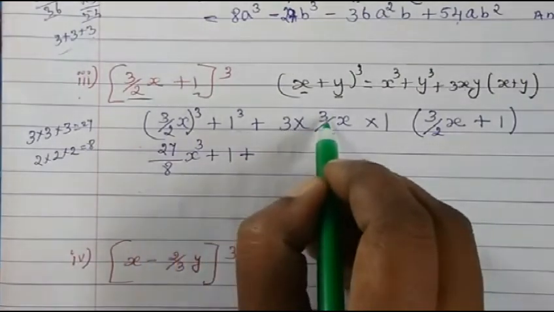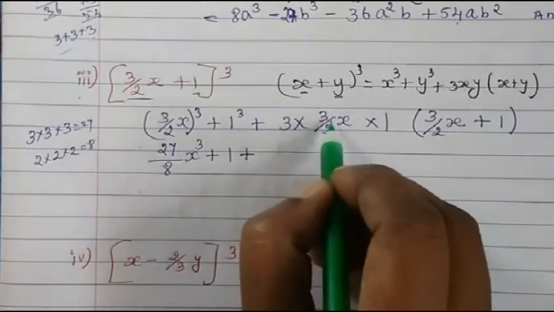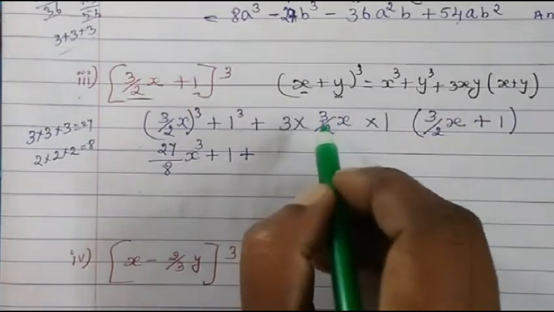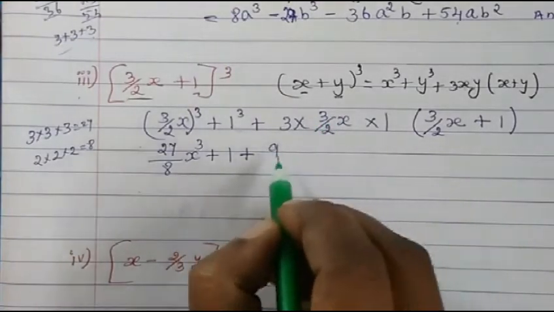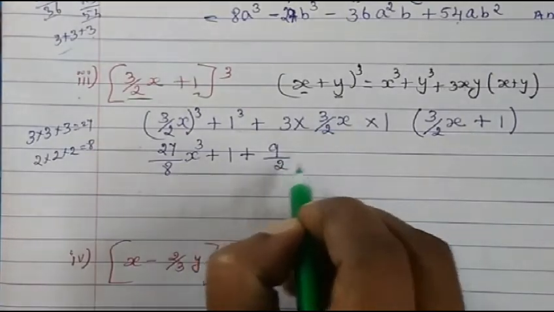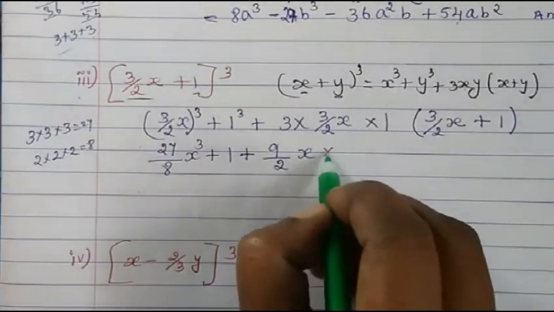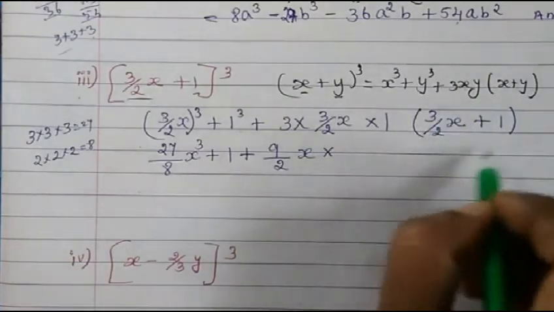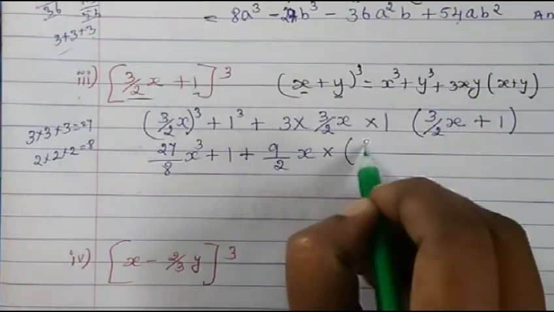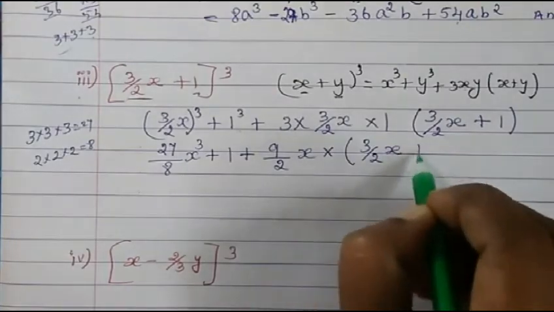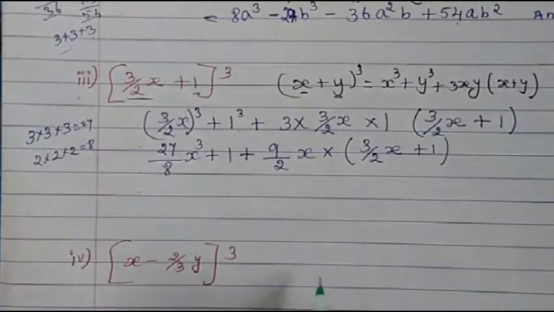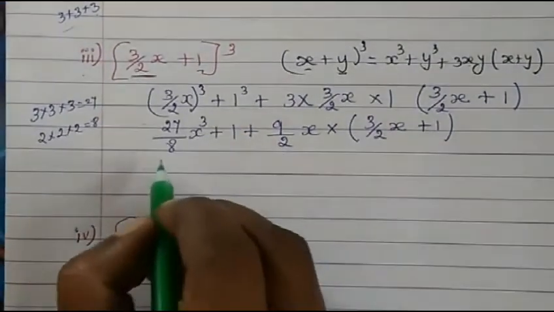Now 1 cube will be 1 only plus. Now 3 3s are 9. Then this 2 will come as it is. Then x. Now this is multiplication with 1. When you multiply, we will get the same thing.